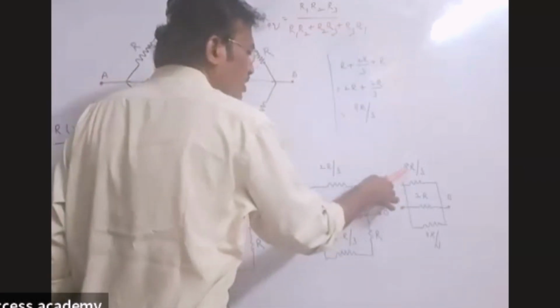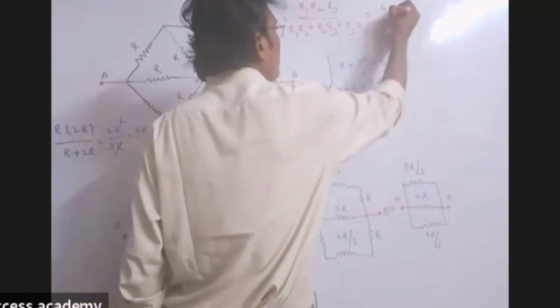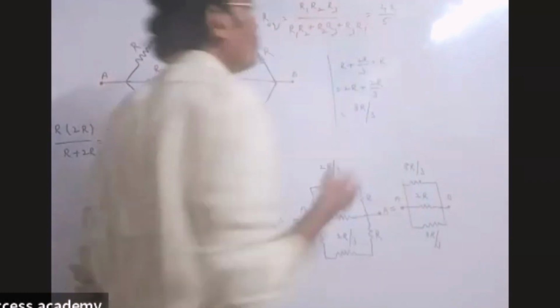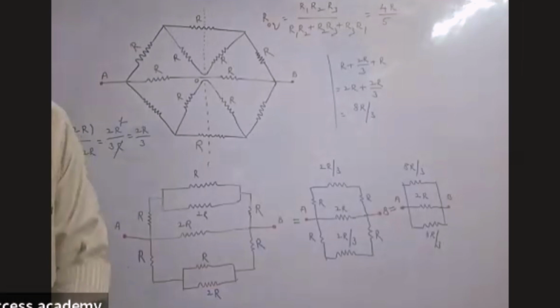If you consider these as R1, R2, R3, substitute those values, then you will get the value as 4R by 5. Like that, we need to solve this problem. Okay, very simple. Observe carefully.